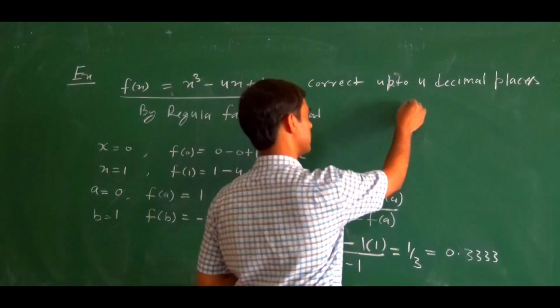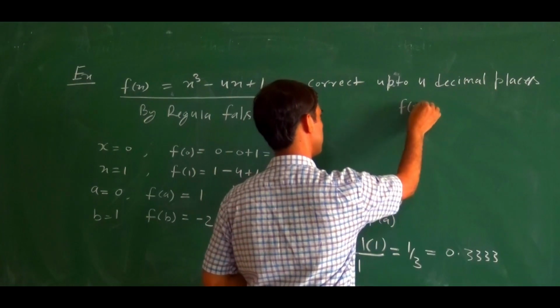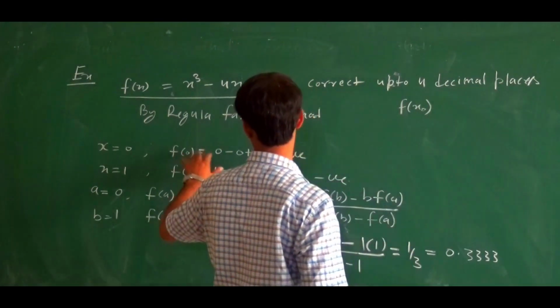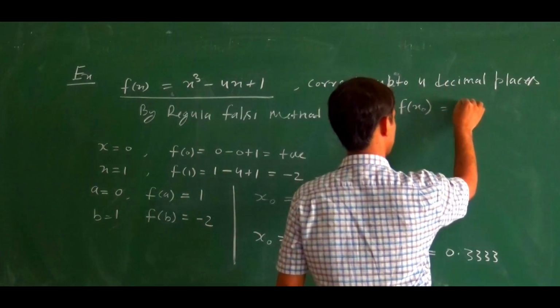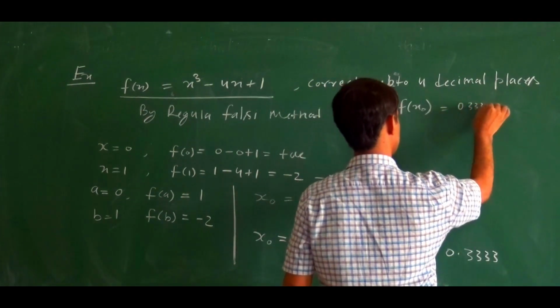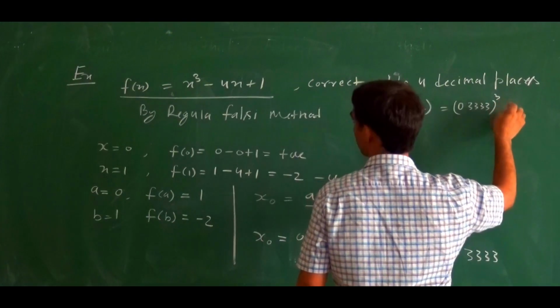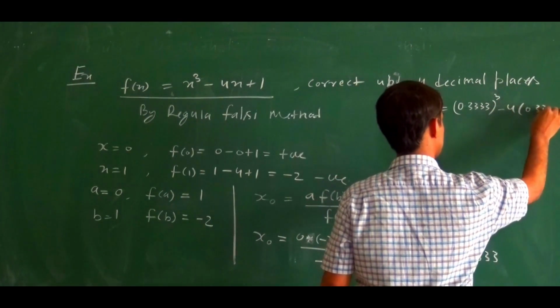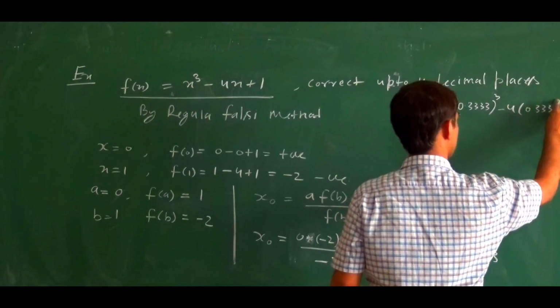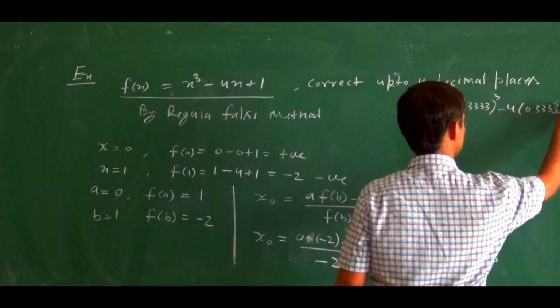Now we find the value of the function at this point. What is f of x0? We put here 0.333 whole cube minus 4 into 0.3333 plus 1.